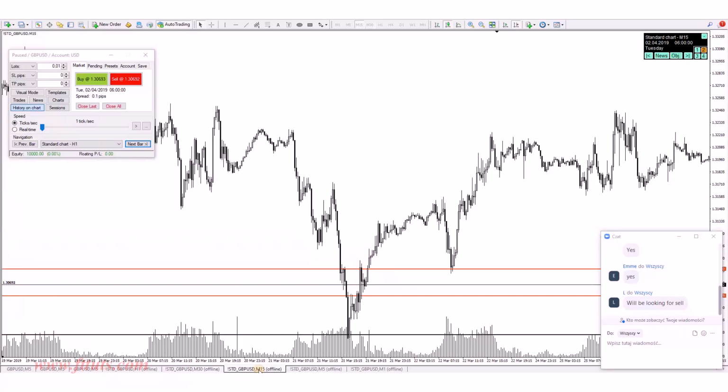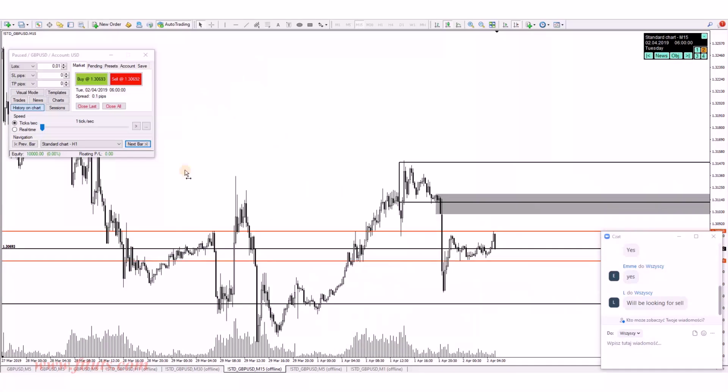Yeah, I don't see anything else here. Maybe some imbalance pool on the M15. And there are many wicks, so everything is filled. Hopefully this will not be any range.